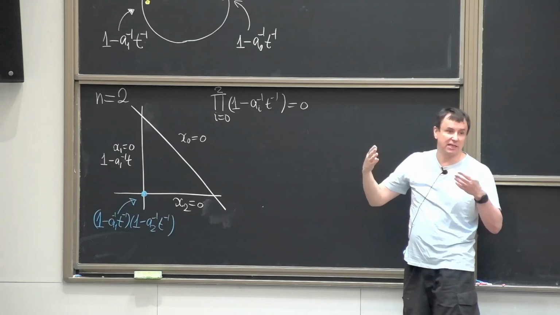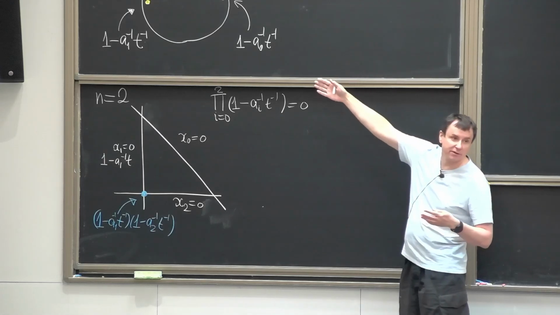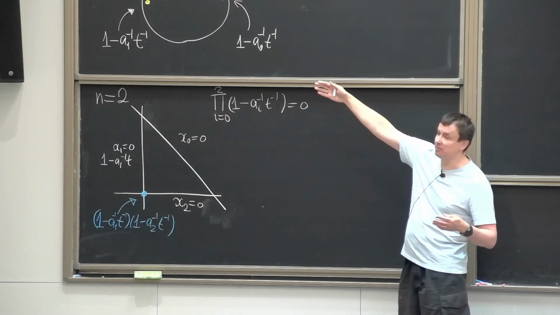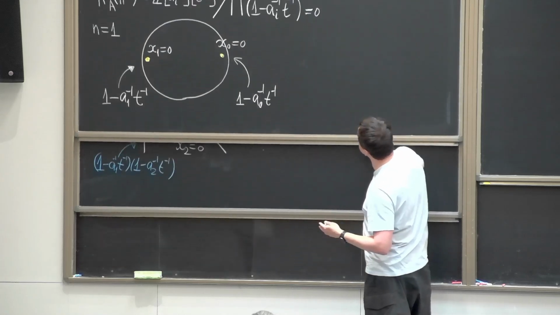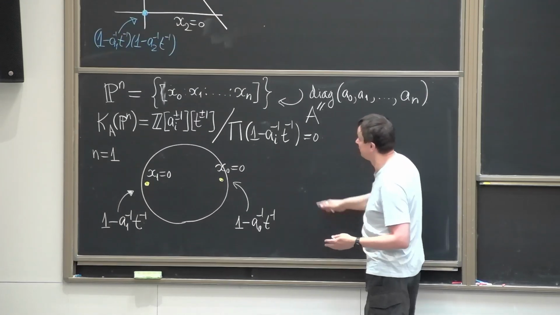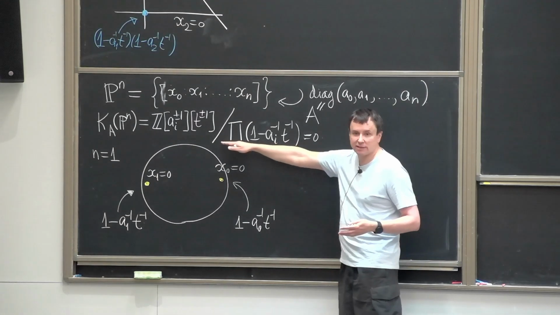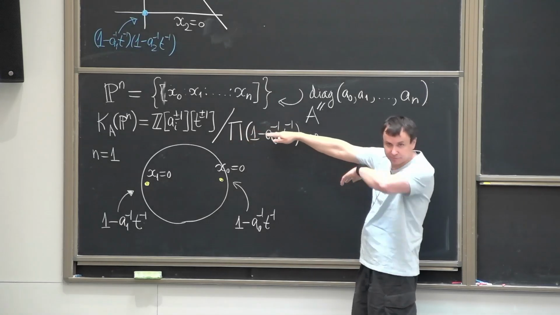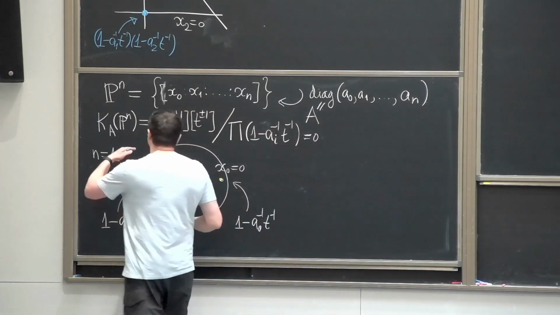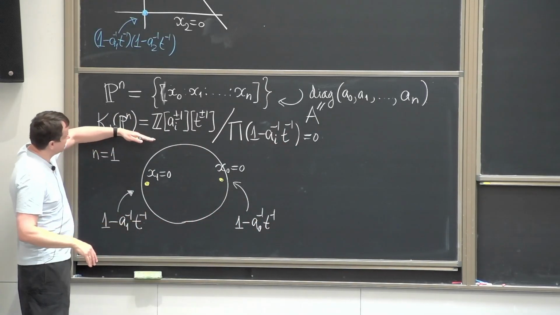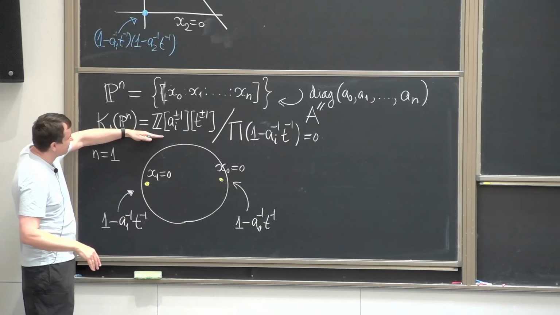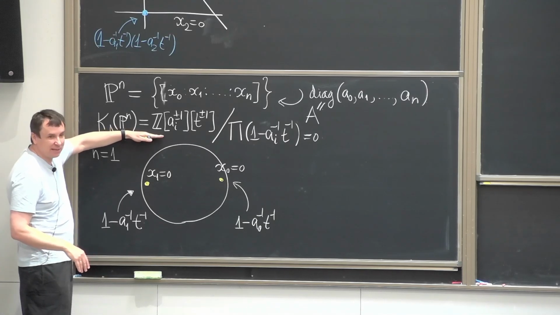We have some geometric object. So if we want to think about this object geometrically, what we should think about is the variety defined by these equations.